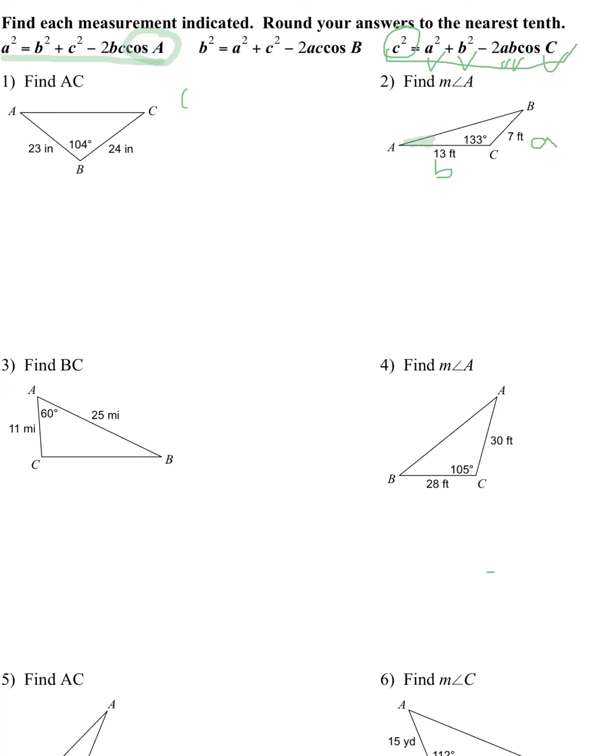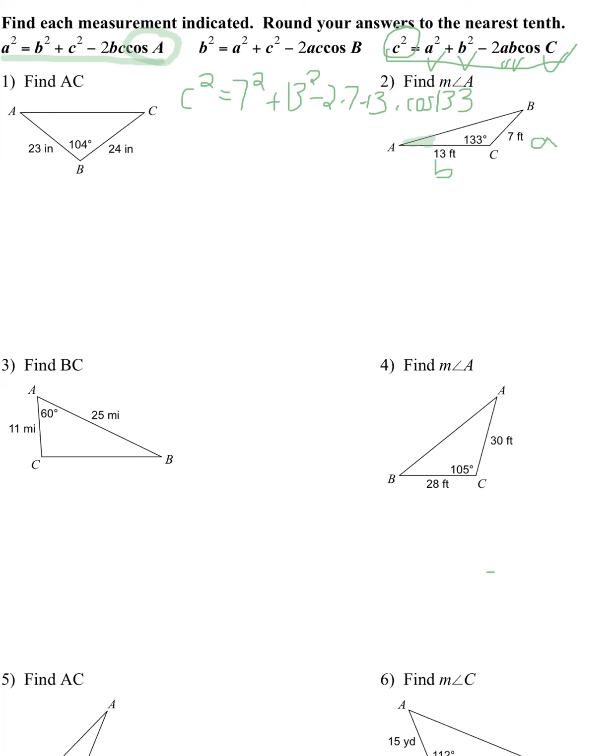So c squared equals a squared, so that'll be 7 squared, plus b squared, 13 squared, minus 2 times a times b times the cosine of C. So it'll be cosine 133. Okay, let's throw that in our calculator.